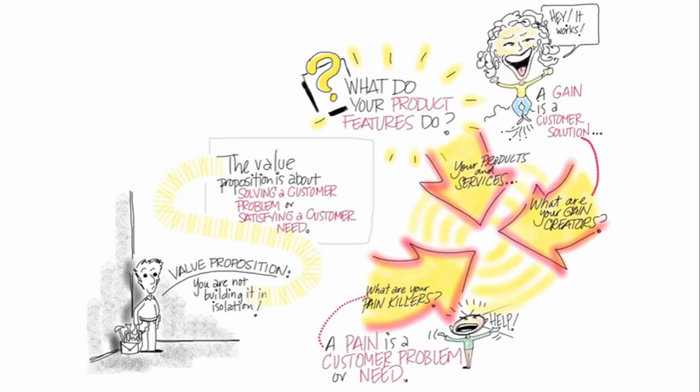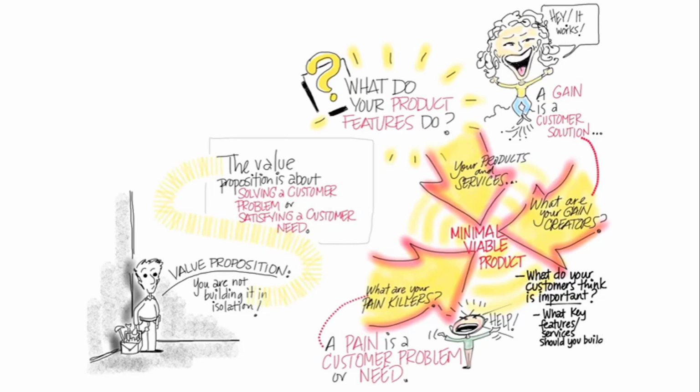So the real goal of you figuring out the value proposition is understanding what we call the minimal viable product. You're trying to figure out, now that I understand my product and service and what I'm gaining for customers and what pain I'm solving, what's the smallest possible feature set I could be shipping on day one that solves these pains and creates gains for them?